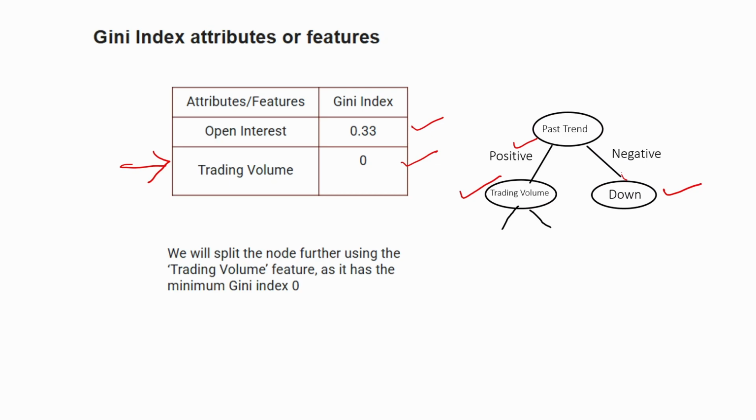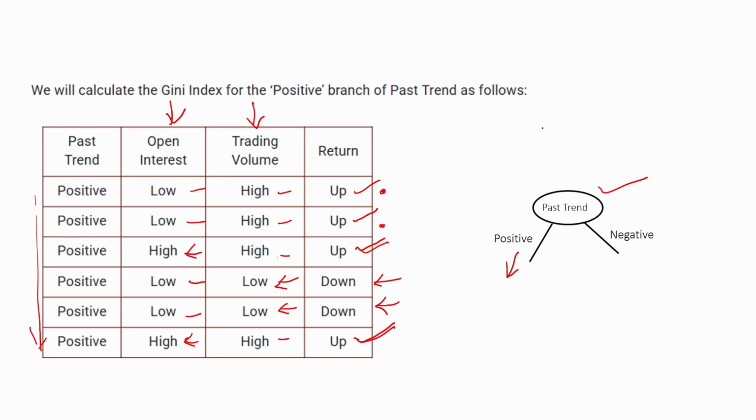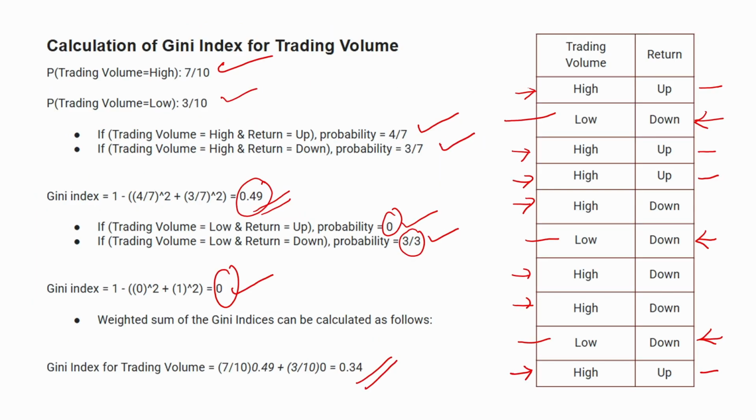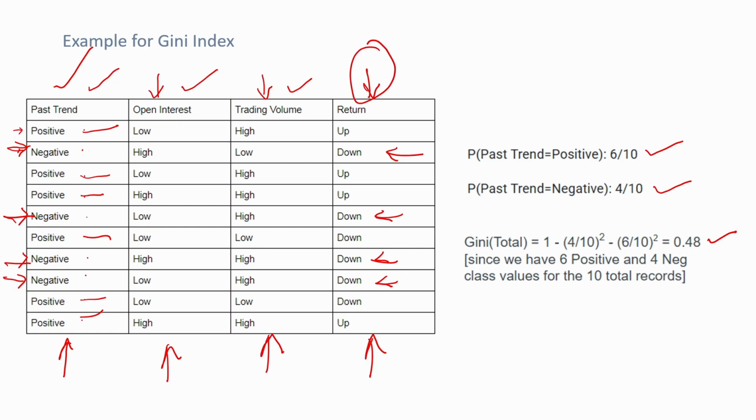And now coming to trading volume, we have chosen trading volume as the next decision node. So we have to split the node further. If you see the trading volume, what are the cases possible? For trading volume high, in this case it is up, here it is up, here high is up. Here high down, high down, high down. We have high and here also high up.